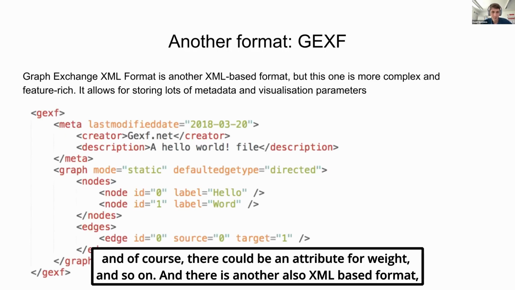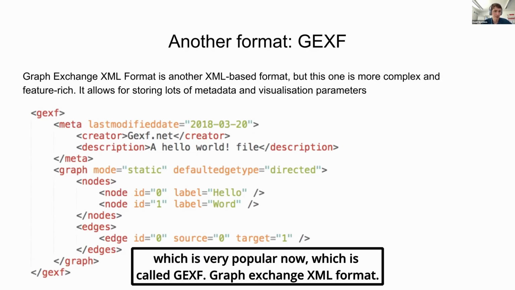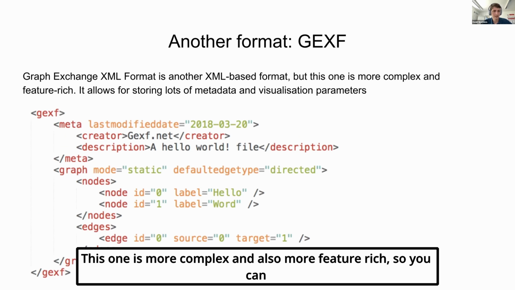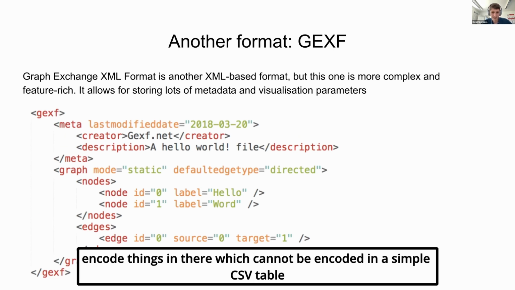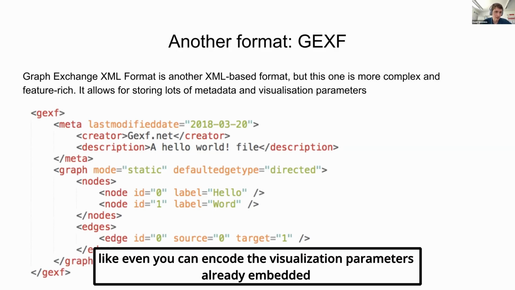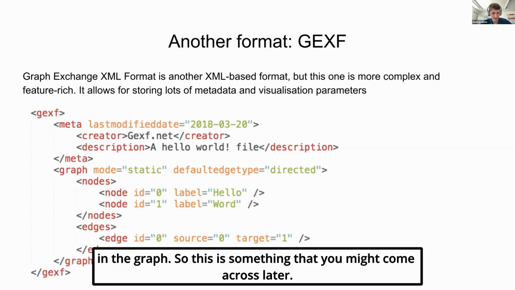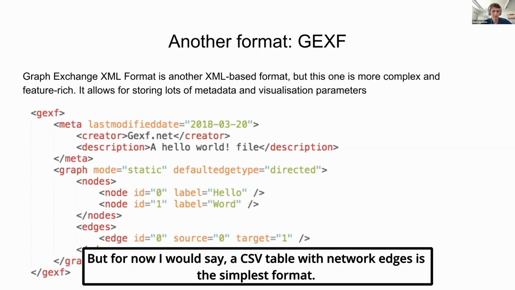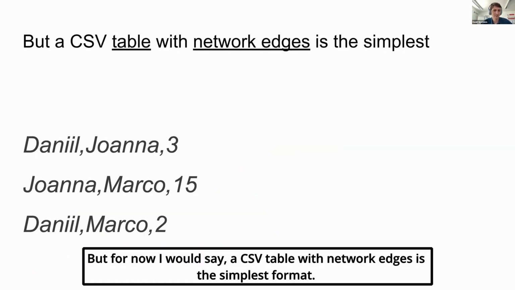There is another XML-based format which is very popular now, called GEXF, Graph Exchange XML Format. This one is more complex and more feature-rich, so you can encode things in there which cannot be encoded in a simple CSV table, even the visualization parameters embedded in the graph. You might come across this later, but for now I would say a CSV table with network edges is the simplest format.